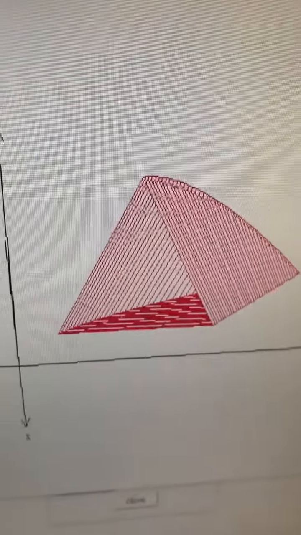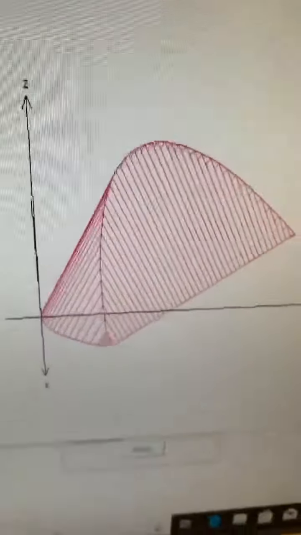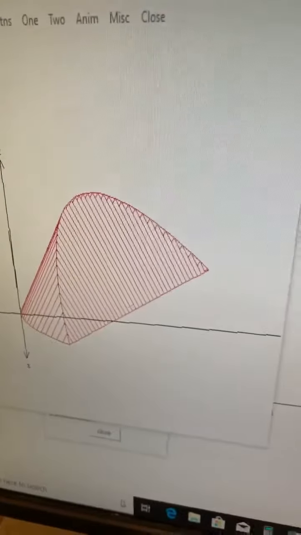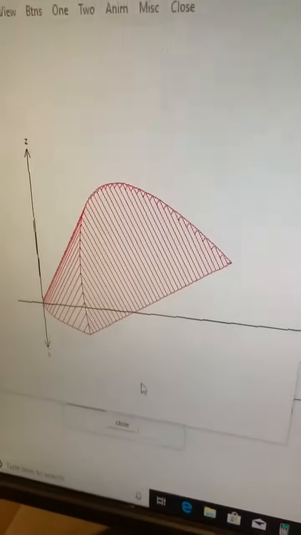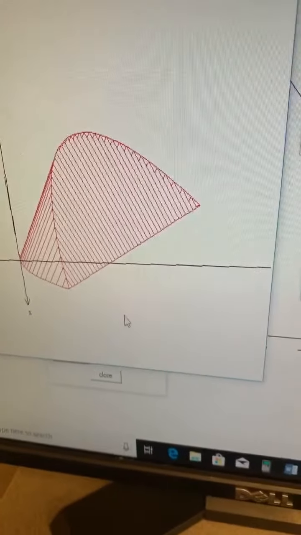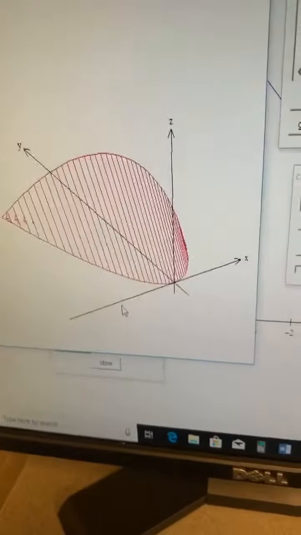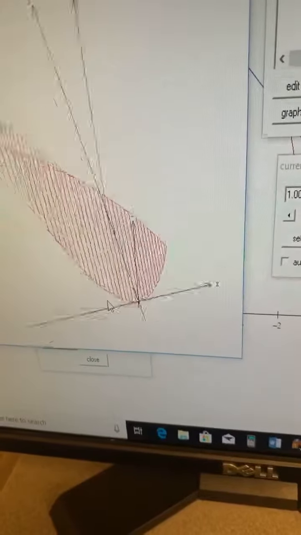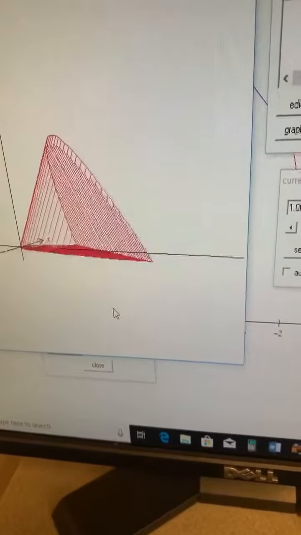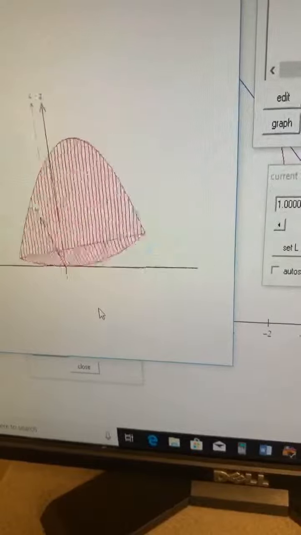So if I take the area of every last one of these as I keep going, all the way till I get to the end, boom, stop. Once you calculate all that up, then you'll know the volume of this shape. So this is a solid with cross sections of an equilateral triangle.